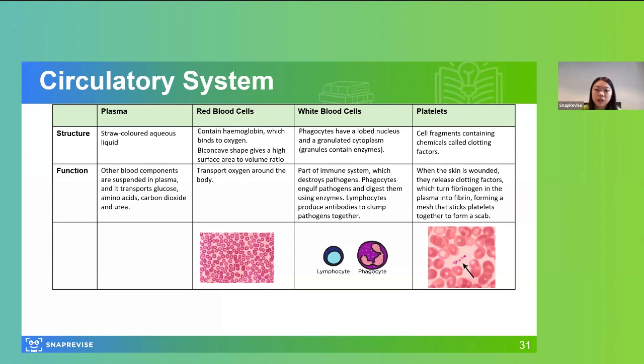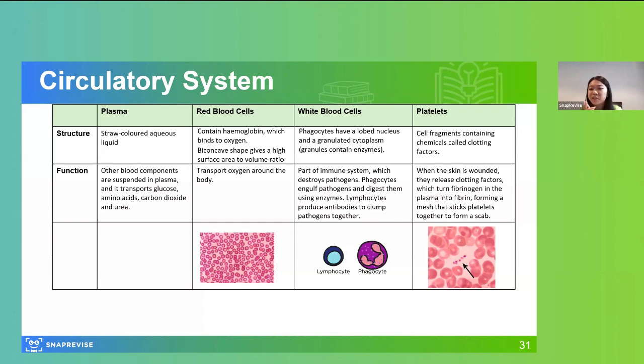With white blood cells, there are two types you need to know: the phagocytes and the lymphocytes. I know some of you do infection and response, and you need to know a bit of detail on how the phagocytes attack these cells, but because this is not in every exam board, I don't want to go into too much detail, but I will explain briefly.